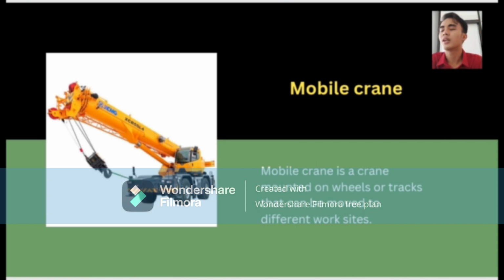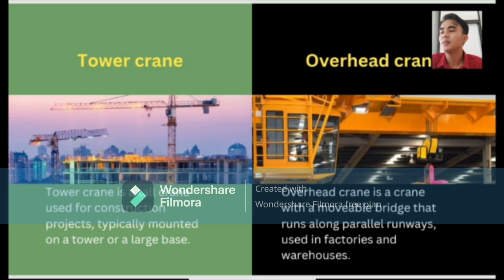Mobile crane is a crane mounted on wheels or tracks that can be moved to different work sites. Second, tower crane. Tower crane is a tall crane used for construction projects, typically mounted on a tower or a large base.